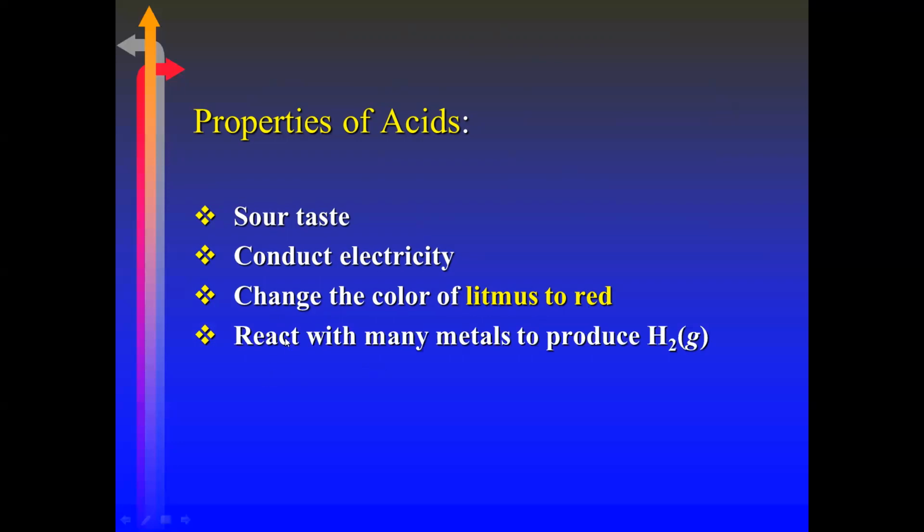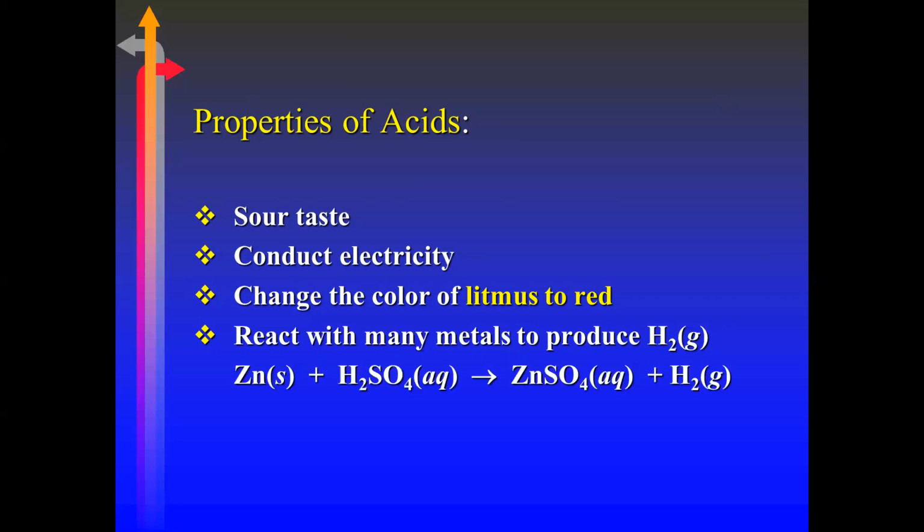Another property is that acid can react with many metals to produce hydrogen gas. We use many metals, but we didn't see all the metals react, because only active metals can react with acid. We will talk about that later. An active metal, for example, is zinc.